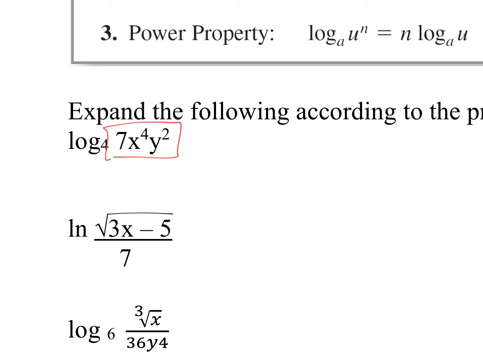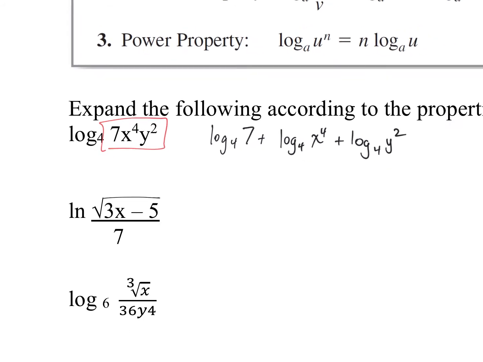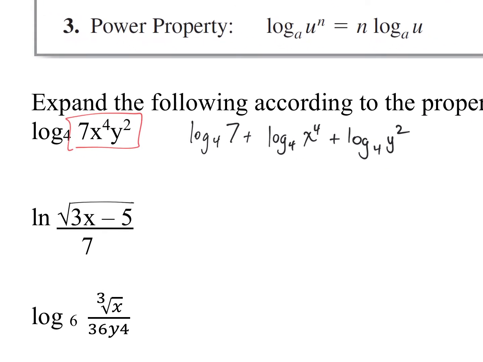I could write this as the log base 4 of 7 plus the log base 4 of x to the fourth plus the log base 4 of y squared. That would be a good first step. We've rewritten this product as a sum of logarithms.